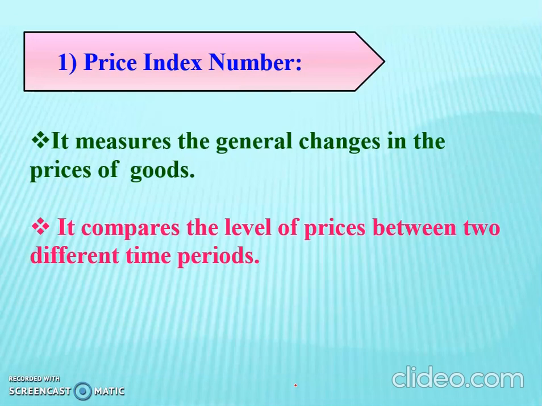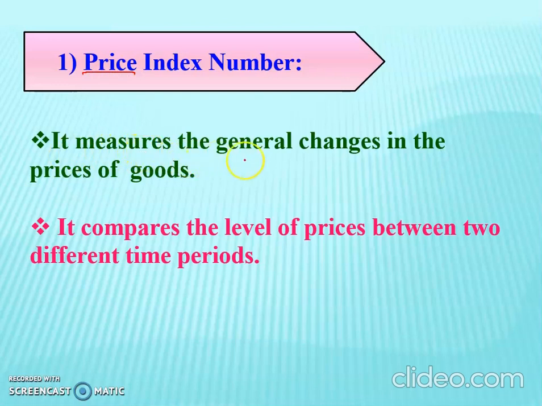Now we are going to look at the first type, that is price index number. Now see, price is the very effective factor. The name itself tells you that in price index number, obviously price is the very effective factor. Here you are going to compare the price of commodities, right?